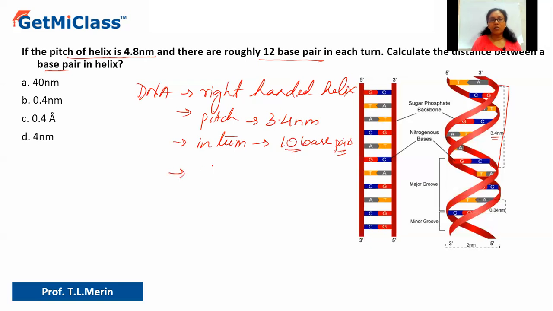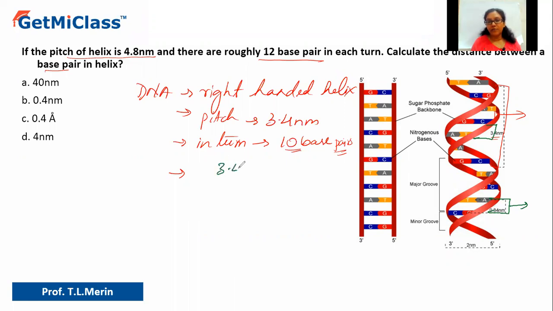Now, what is the distance between two bases here, this distance we're talking about? I'll change the color. So you can talk about the distance between two bases. Here they have mentioned it is 0.34 nanometer. How did they get it?